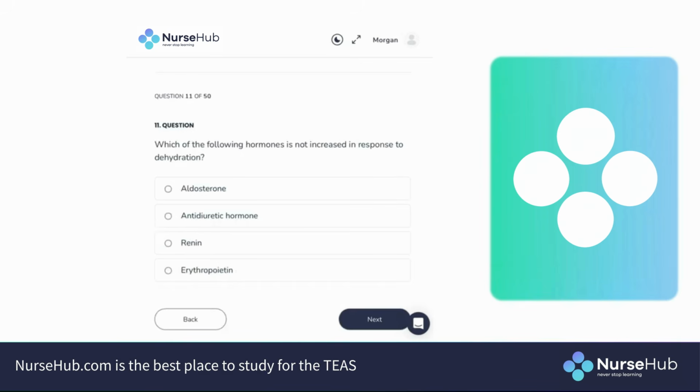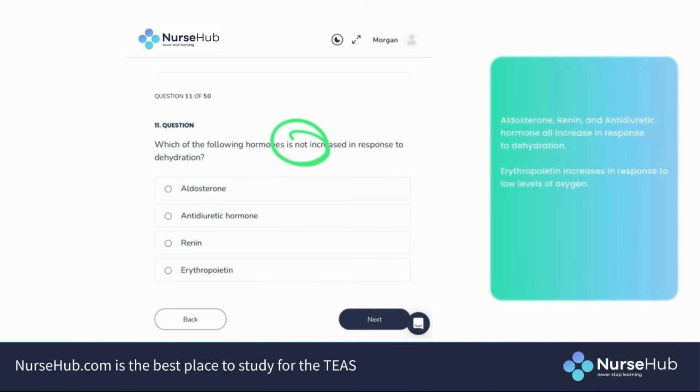All right, question 11 here is on hormones. This question asks us, which of the following is not increased in response to dehydration? The key word here, and you'll notice this on several questions, is the word not. So you're looking at something that is not increased, or you could just say what is decreased in response to dehydration.